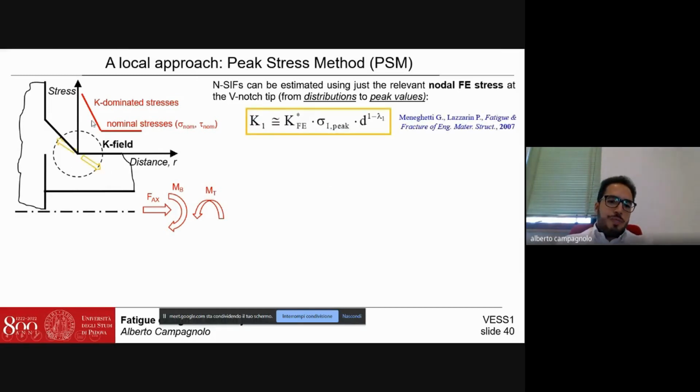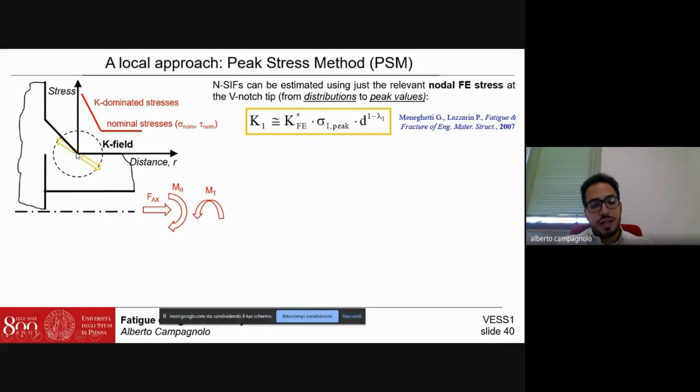This approach is based on the calculation of the peak stresses directly at the toe side, so that it is similar to the notch rounding approach, but it does not require a modification of the geometry of the weld toe side.